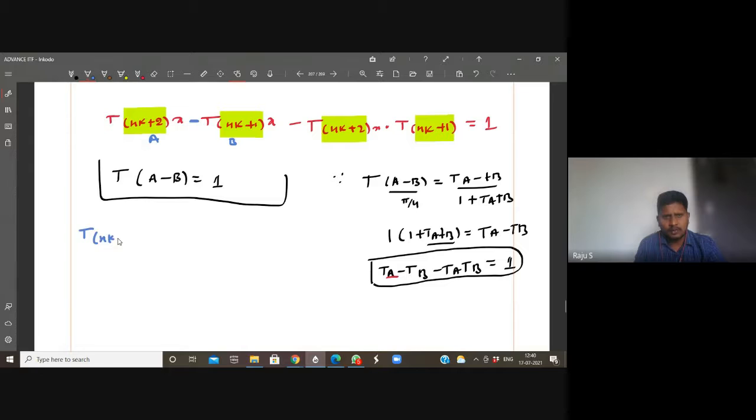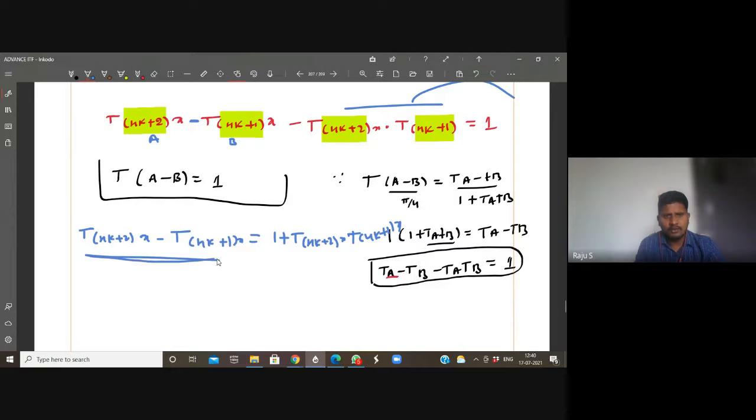Tan of (4k+2)x minus tan of (4k+1)x is equal to, I want to take this term to the right side, 1 plus tan of (4k+2)x into tan of (4k+1)x. Both sides, dividing by the same value, cross multiply.